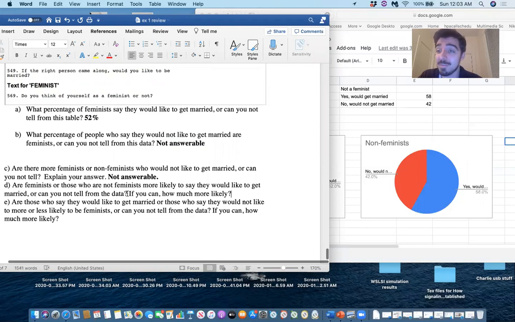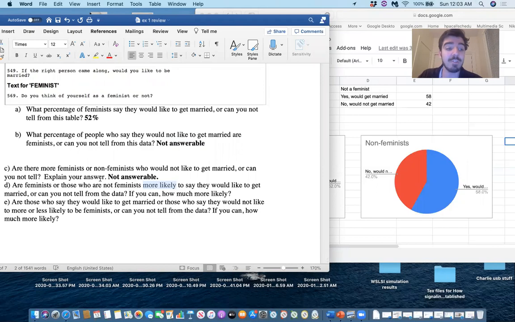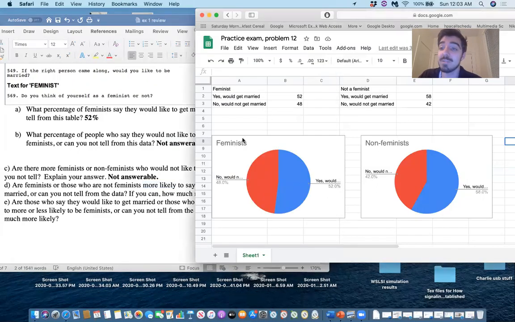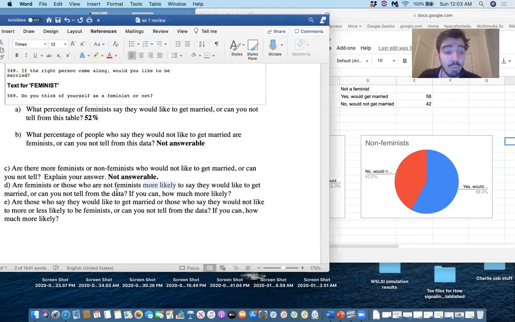This is going to be some kind of percent comparison because we see the words more likely. And the two groups we are comparing between, the two pies, are the feminist pie and the not feminist pie. And that is indeed the two pies we have here. So we are actually going to be able to calculate this, right? So which group is more likely to say that they would like to get married?